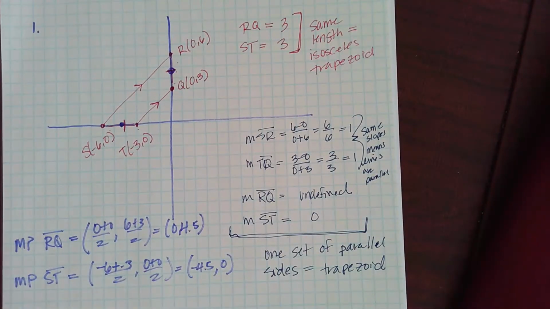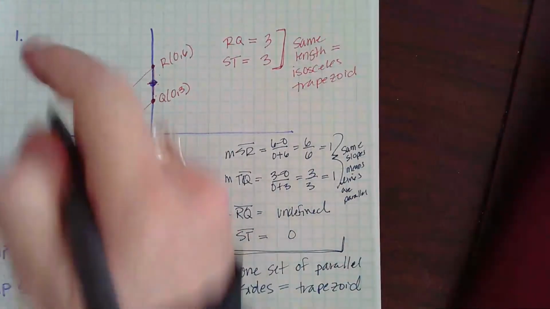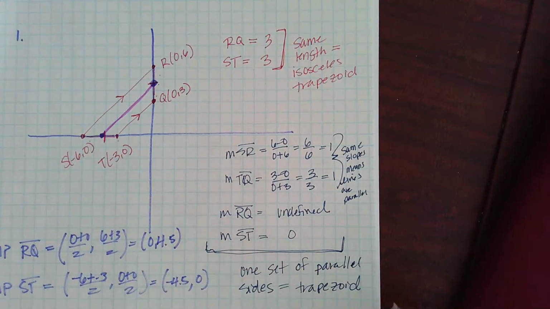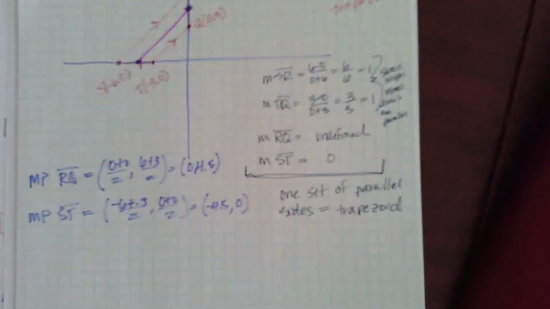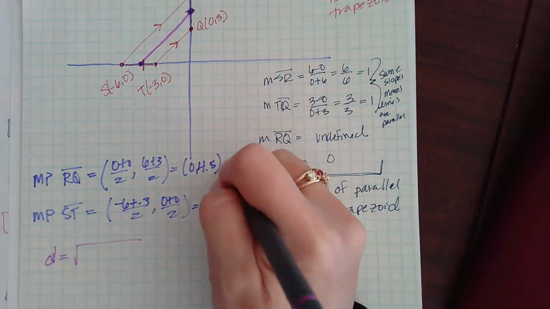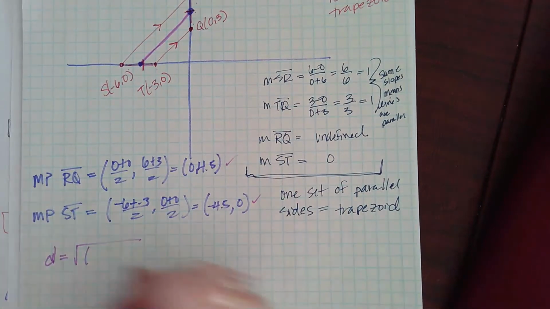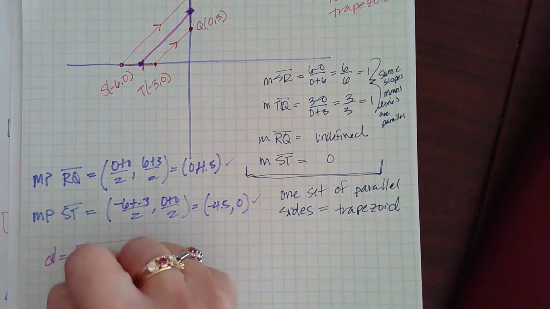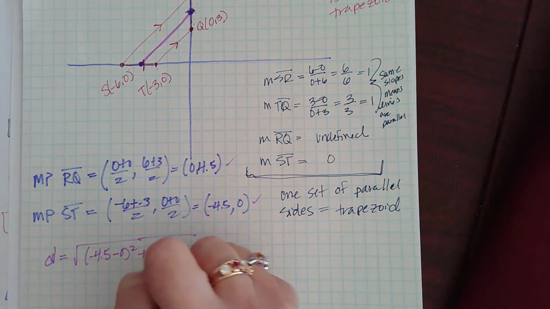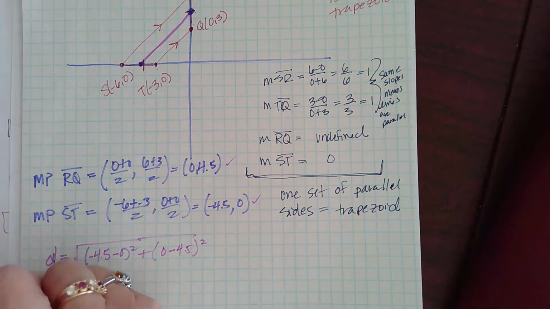All right, so to find the length of the midsegment, there's a couple ways to do this. So I'm going to show you 2 ways. To find this length right here, since I know the 2 midpoints, I can just find the distance between those 2 points. So that's going to be my first strategy. I'm going to use this point and this point. So I'm going to go -4.5 minus 0 squared plus 0 minus 4.5 squared.